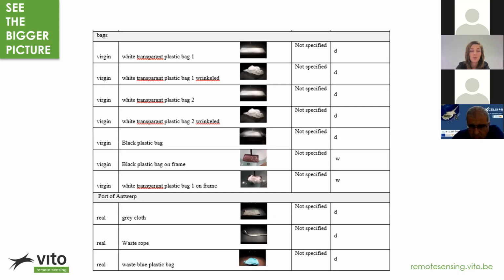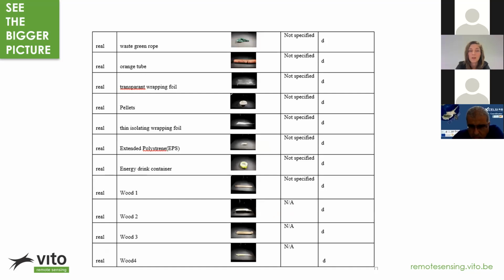In the end, we also received some real weathered plastic samples from the Port of Antwerp. It was a combination of plastic bags, also some rope. We also had some pellets, some tubes, a drinking container. So it was quite a diverse set of plastics. Also some wood, here at the bottom.